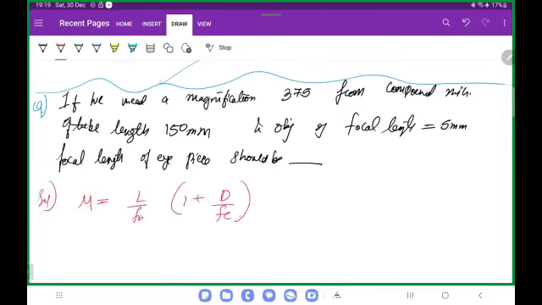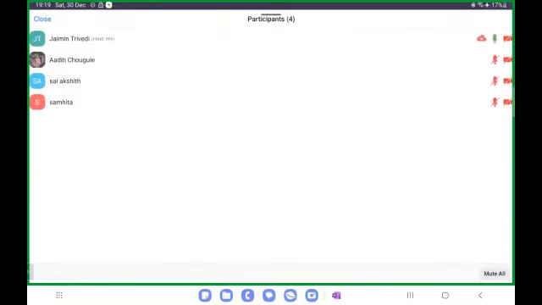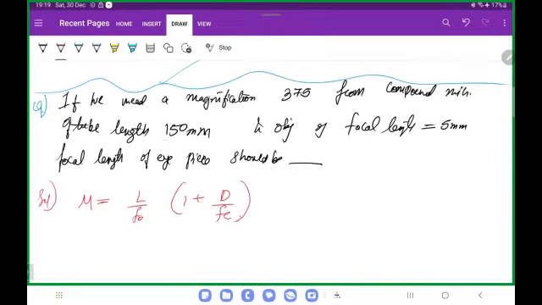Tell me what is D here? What will be the value of D? There is nothing given about D here. L is 150, this is 5 mm, and this is 375.